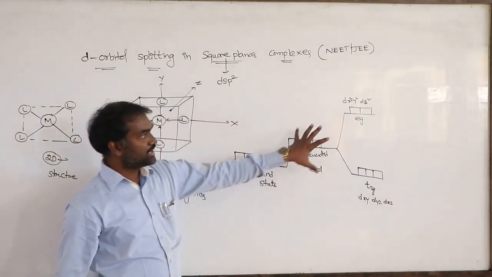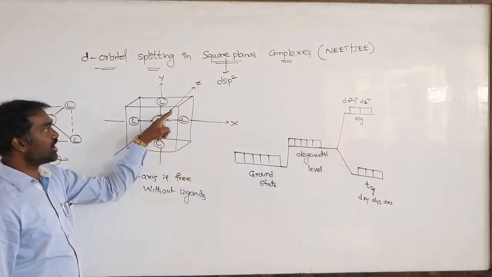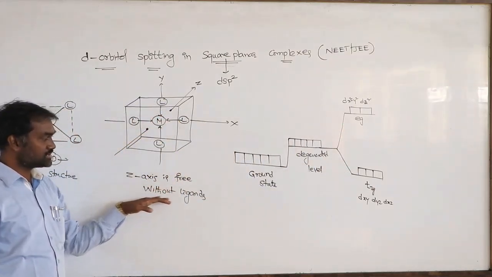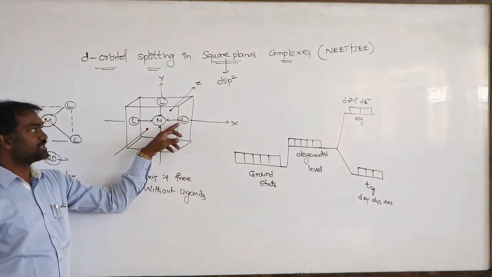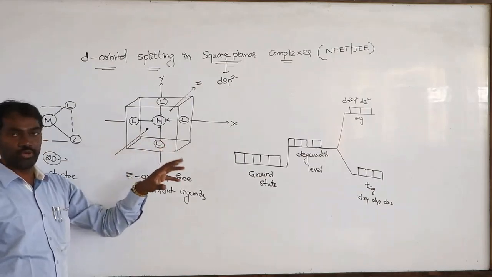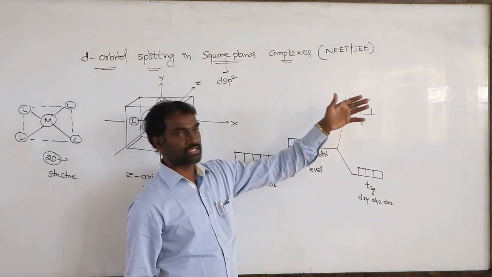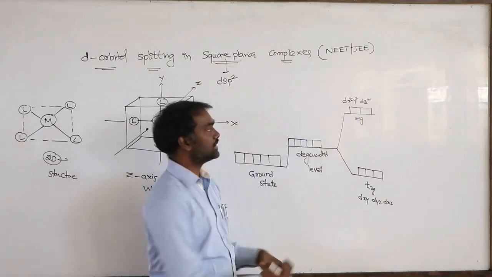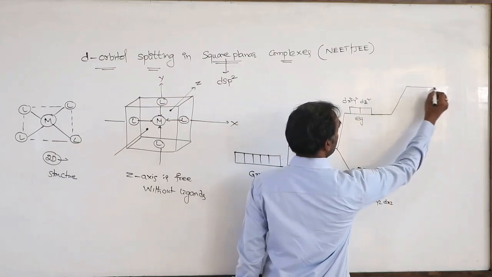See, up to here this is octahedral only. Now what happens is z is absent, meaning the ligands are not there on the z-axis. Every repulsion is felt by the x-axis and y-axis only. So x and y feel more repulsion, z feels less repulsion, and again it is further split.